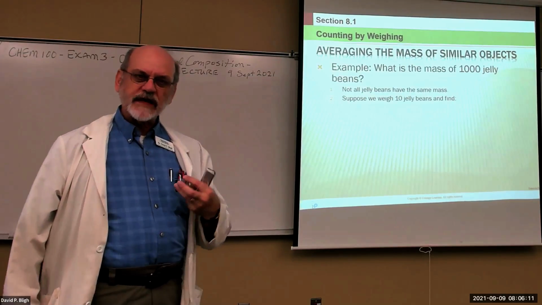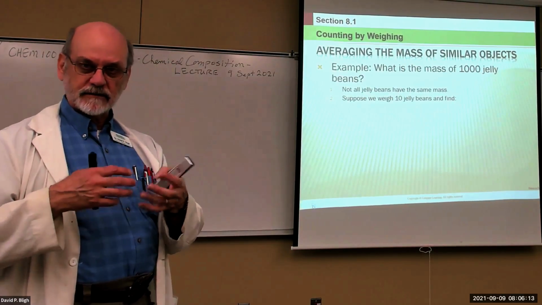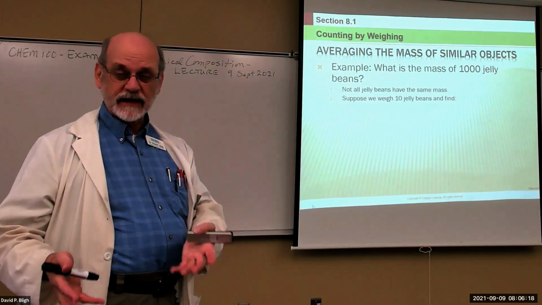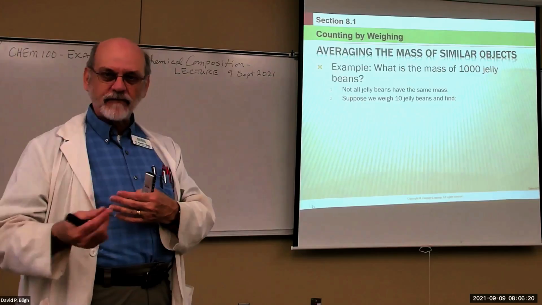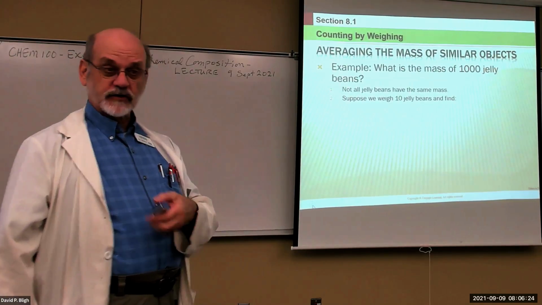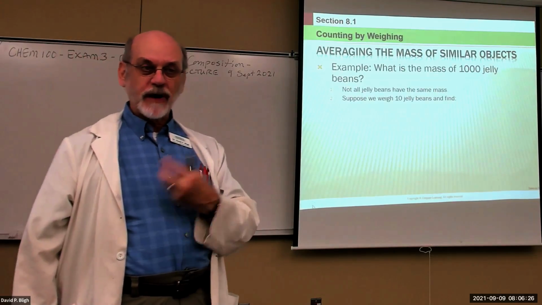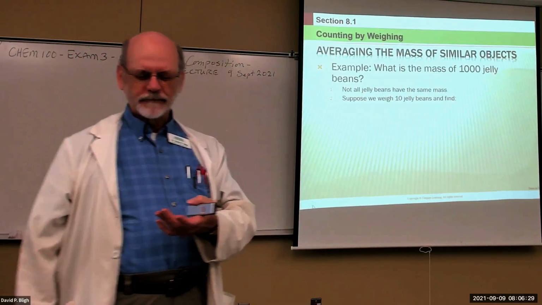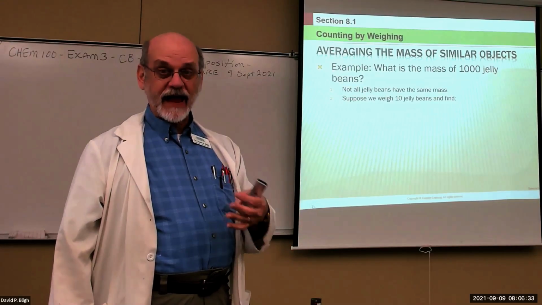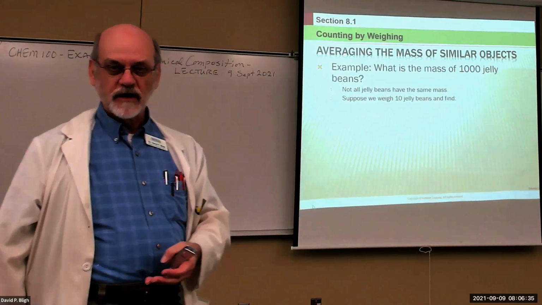So what we do is take a representative sample of the whole and weigh that and get a mass. And then determine the average mass based on that sampling. Now, it's critical that your sampling be representative of the whole. If your sampling is biased in any way, it will affect the average value that you determine for one jelly bean.